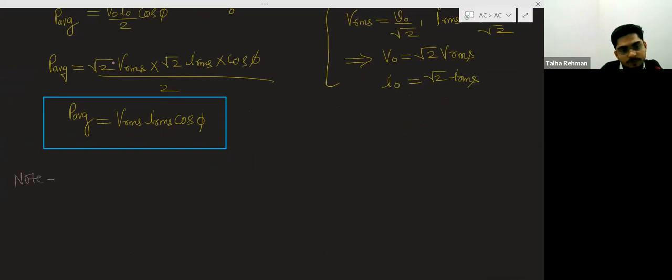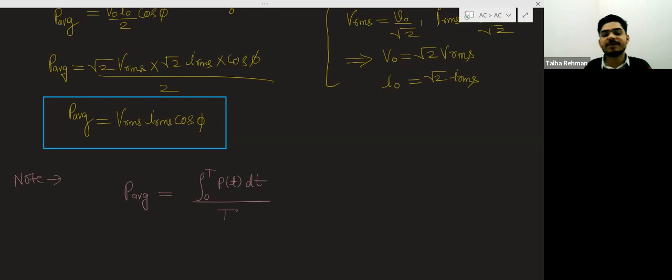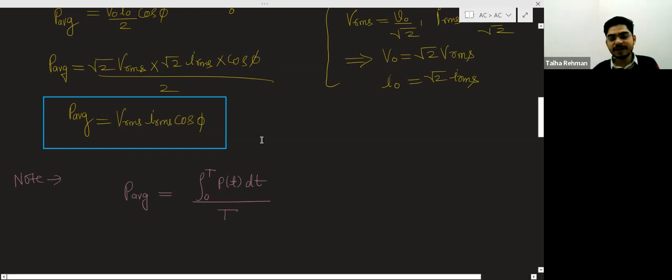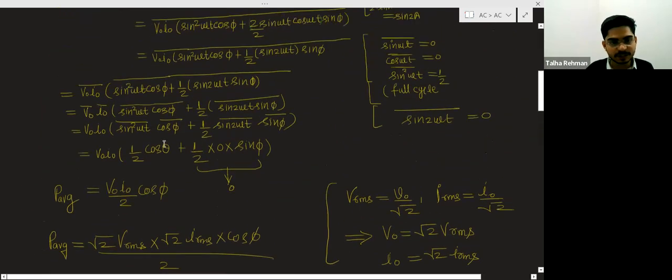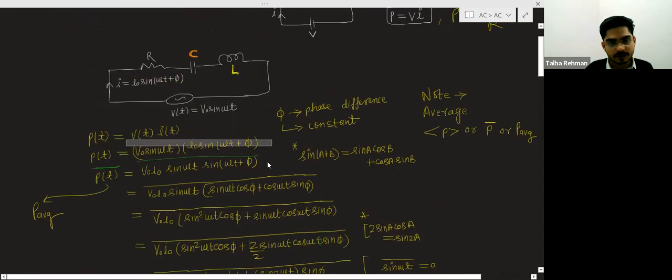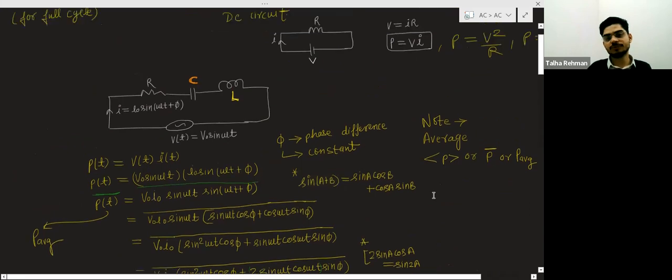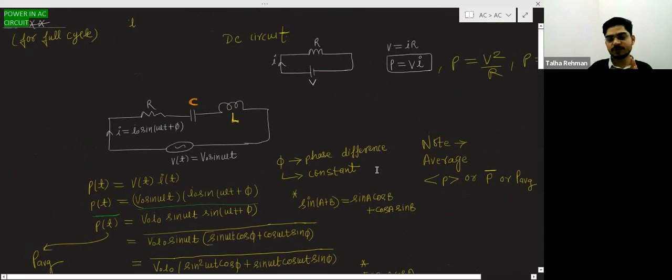Note: average power for the full cycle can also be calculated with the help of integration, like we have calculated the average EMF. In that case, you have to integrate this function, and this will become very, very lengthy for you. So this is basically a better way to solve for the average power.